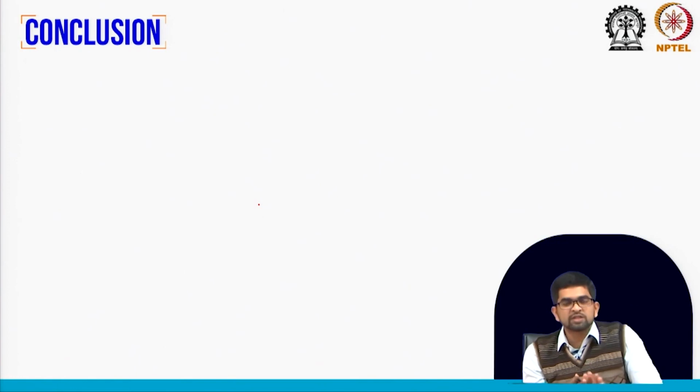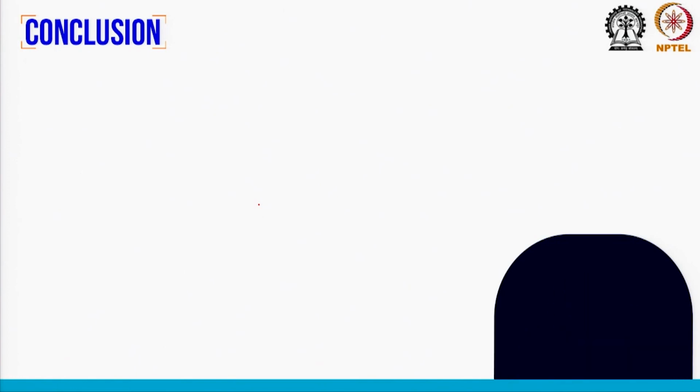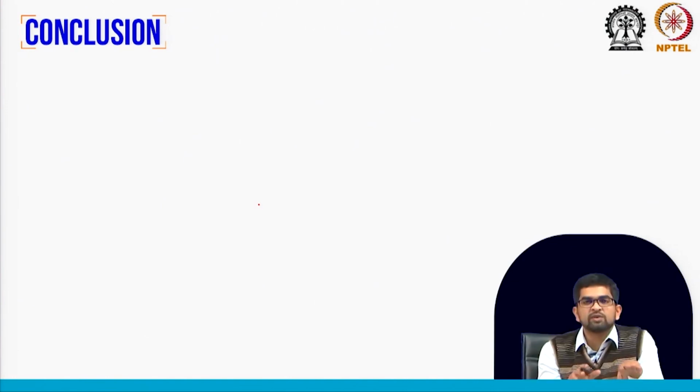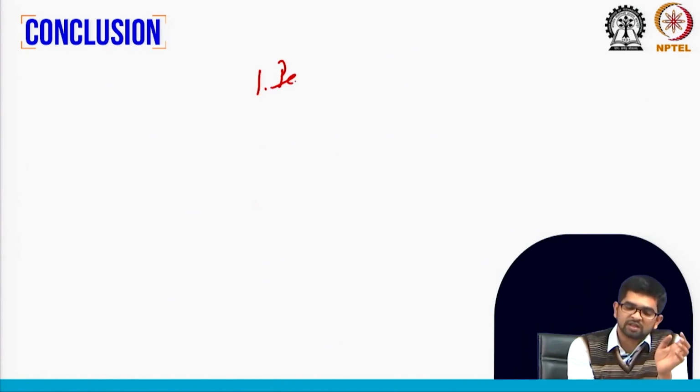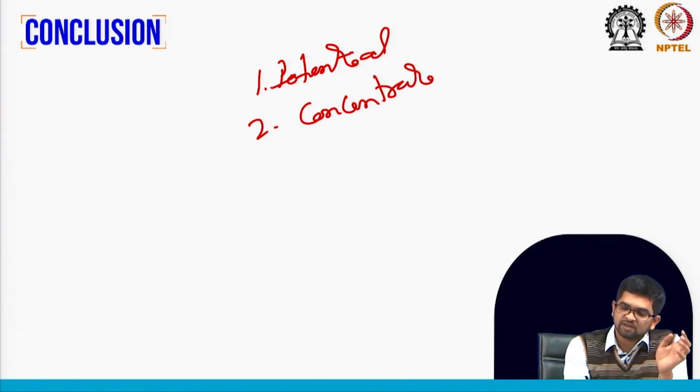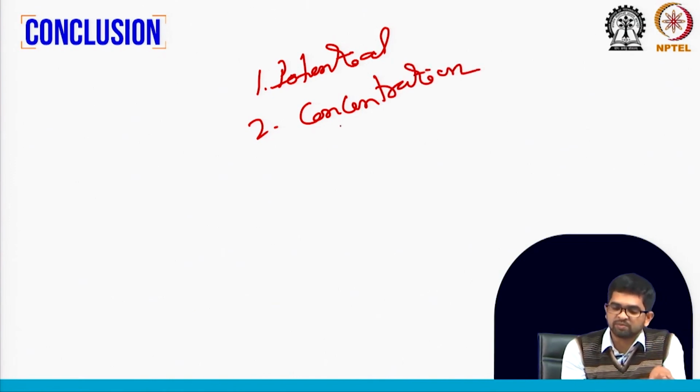So, the conclusions of today's tutorial: let's think about limit of detection and how to calculate it. Let's think about the optimization of the biosensors, like all the steps. Potential optimization is a very crucial factor. Then concentration optimization is also a very important factor.